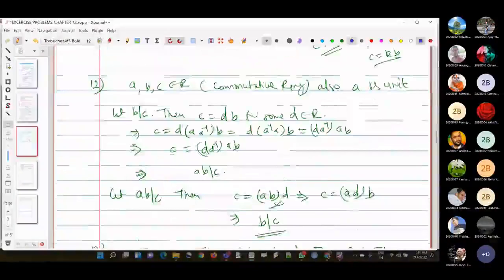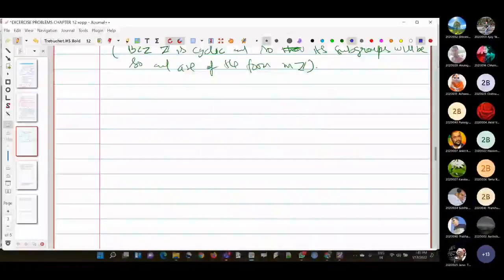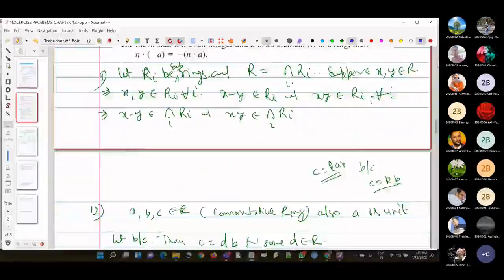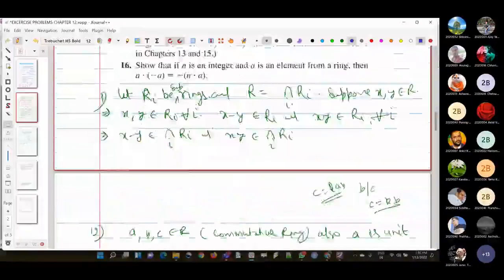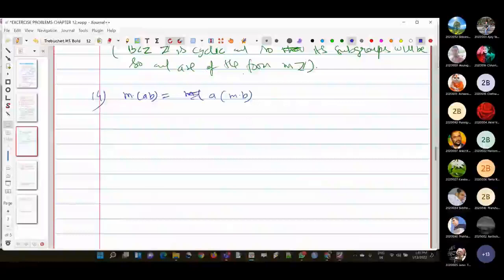M times AB, they have written M times AB in 14. And then they are writing M times, I don't know what they have written. I think A times MB or something like this. Let us see. Yeah, MA times B, not this.